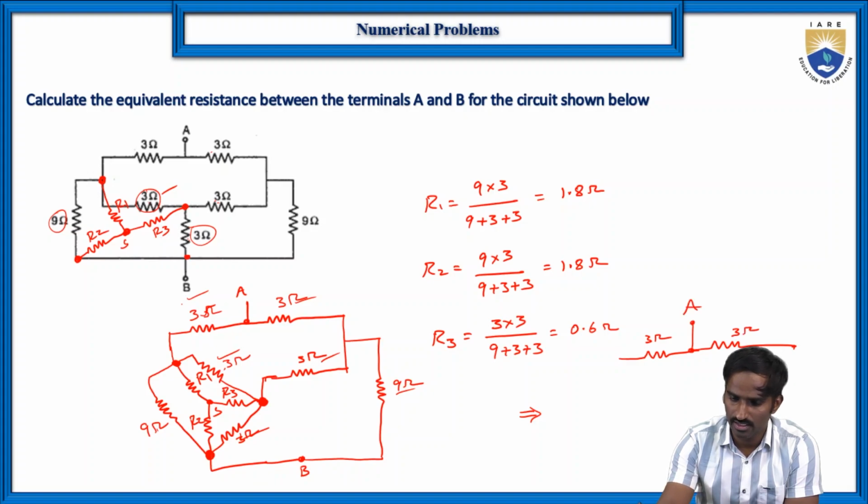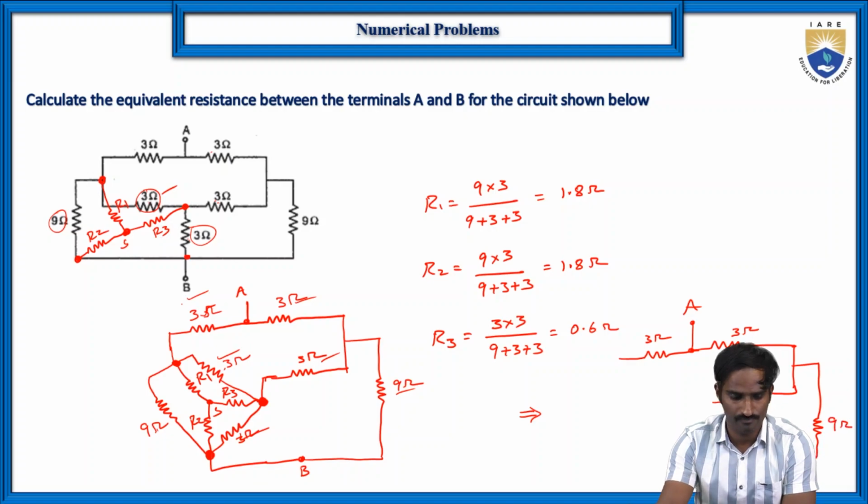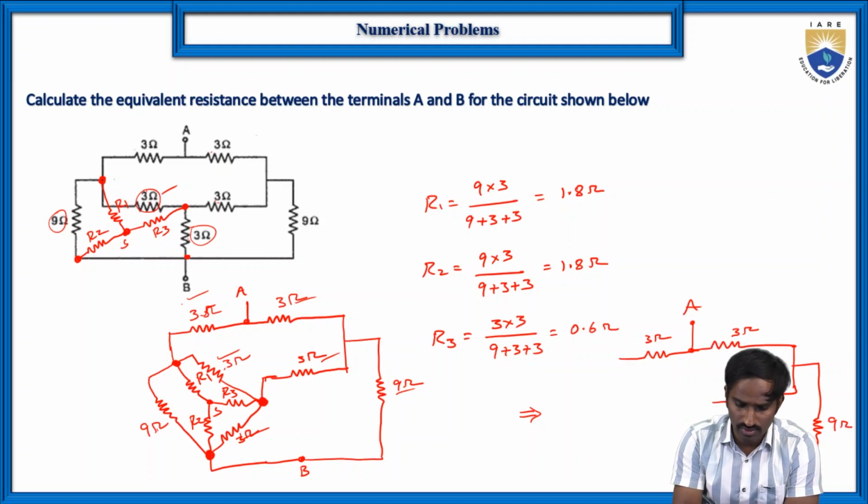And again here one more 3 ohms resistor is there. We didn't disturb this 3 ohms also. And in between is the 9 ohm resistor, which we also didn't disturb. Here there is a terminal S, so let us consider this is the point S.